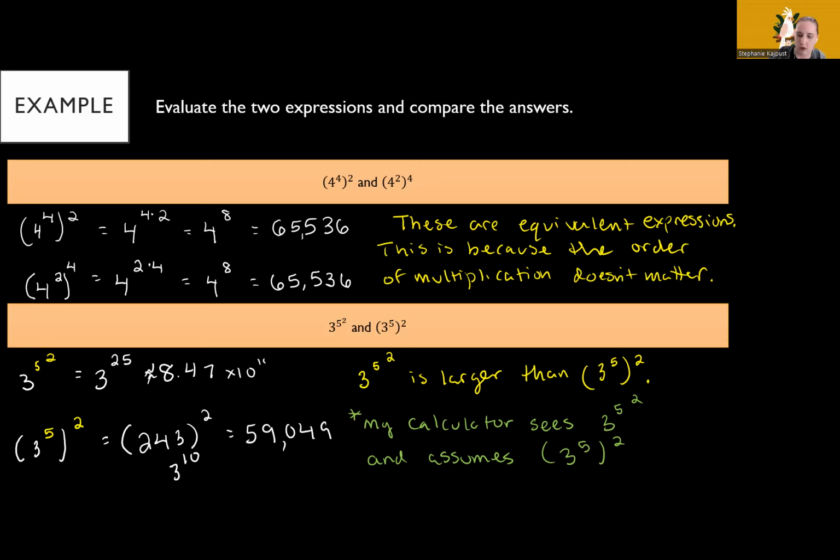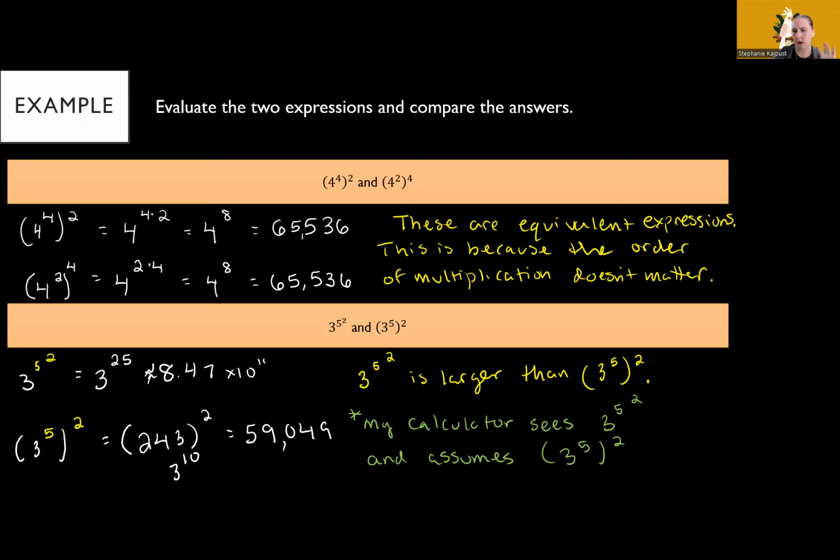So instead of having no parentheses here, you might see the 5 squared in parentheses saying do that first and then do 3 to the 25th, versus the parentheses around the 3 to the 5th and then square. So generally we don't write 3 to the 5th squared because it's a bit ambiguous on which order you want to do, and calculators interpret it differently depending on how the calculator happens to be coded.